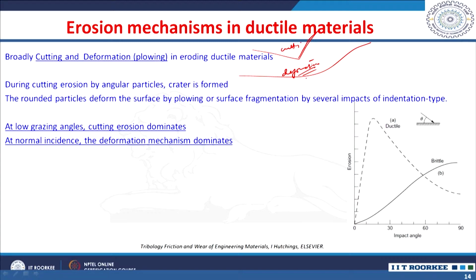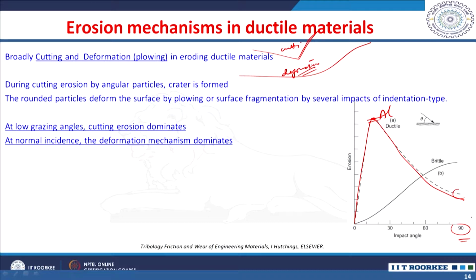But with respect to the angle of impingement, at low grazing angle cutting erosion is dominant. So, you will have at lower angles maximum erosion occurring for a ductile material, for example aluminum, and after that it reduces with increase in the impact angle, to almost one third or half of the peak at high angles, right.